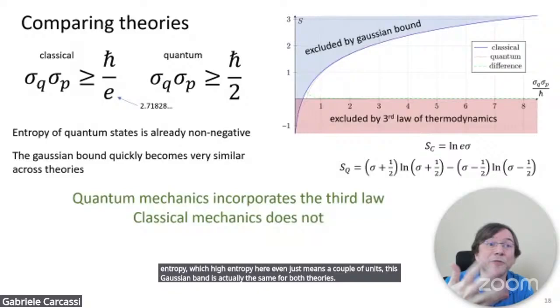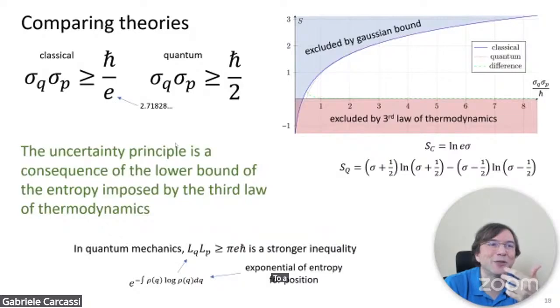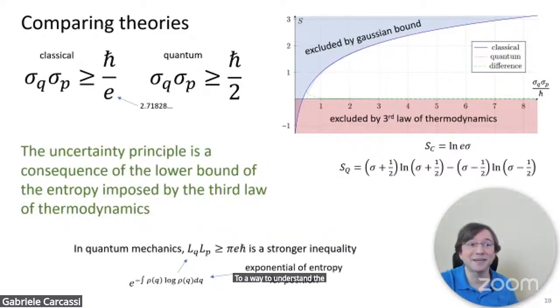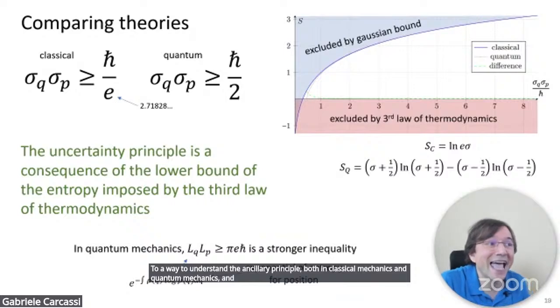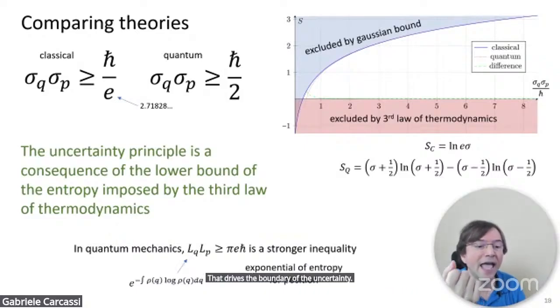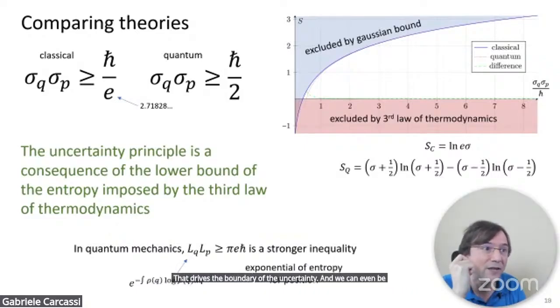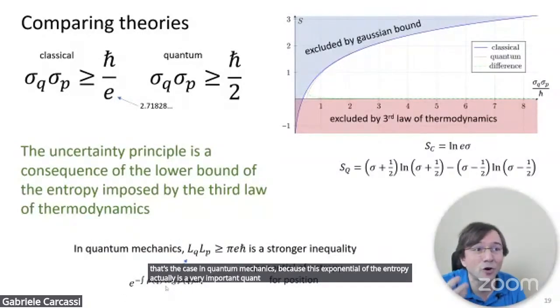So there is a better way to understand the principle, both in classical mechanics and quantum mechanics, as a bound coming from the entropy. It's the lower bound on the entropy that drives the bound on the uncertainty. And we can even be sure that that's the case in quantum mechanics, because this exponential of the entropy is a very important quantity called the entropic volume.